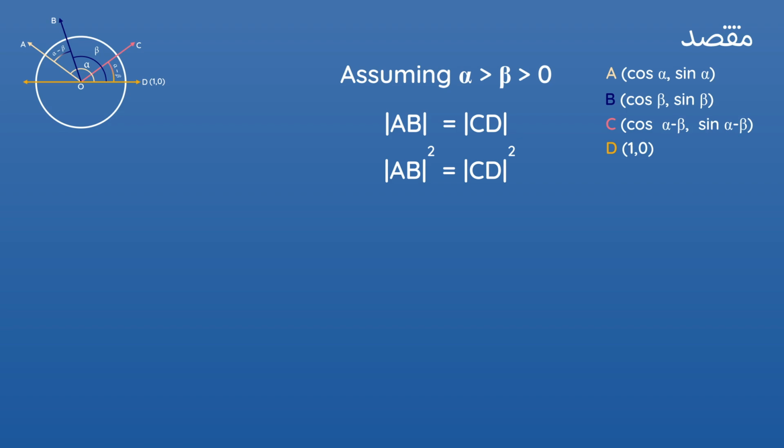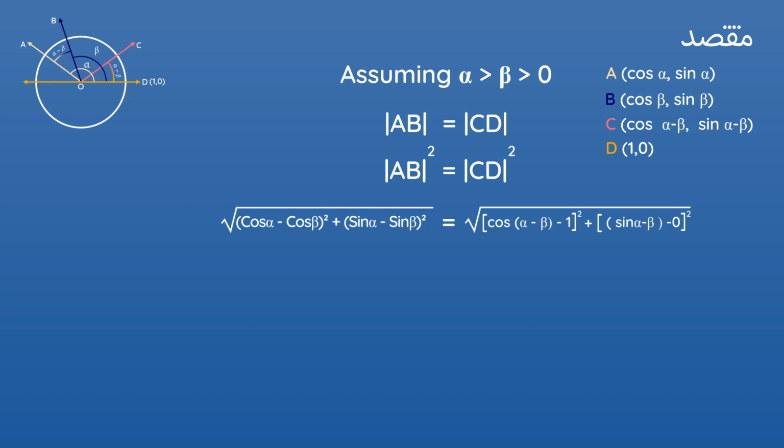Coordinates की ये value हम अपने distance formula में plug in कर देंगे. The distance formula is under root, but due to squares on both sides, we ignore that under root. For AB, our formula would be cos alpha minus cos beta the whole thing square plus sin alpha minus sin beta the whole thing square.